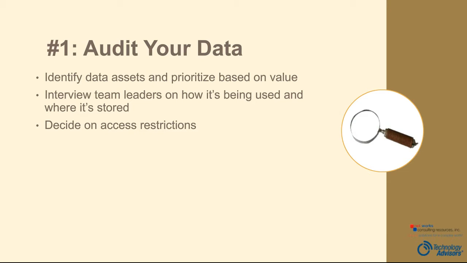Things that also may come up are wrong phone numbers or outdated email addresses. So interviewing team leaders gives you an idea of what their particular sector is struggling with, and then you can start to compile those. And then you want to look at access restrictions.